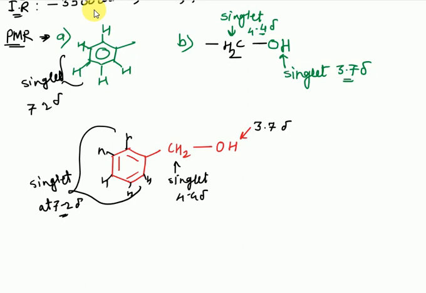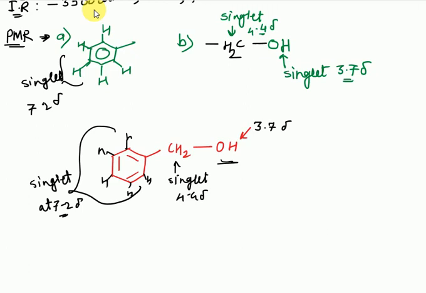The presence of a broad peak in the IR data indicates alcohol or acid. Only a single hydrogen is there, so 100% alcohol is present, and the sites of unsaturation are also matched.